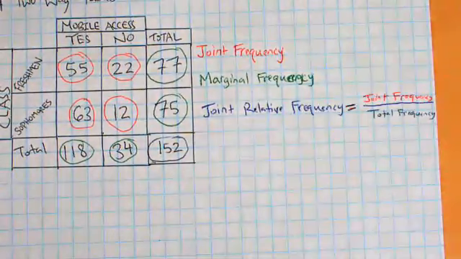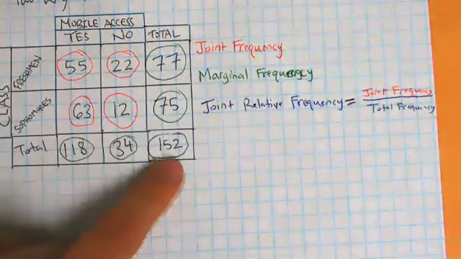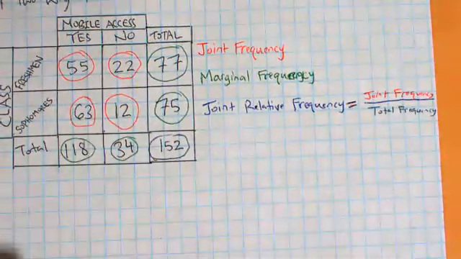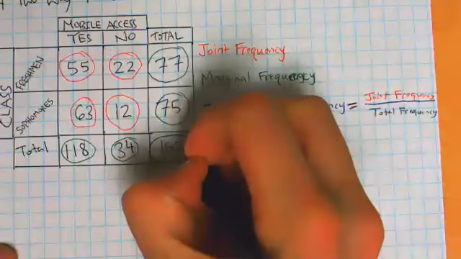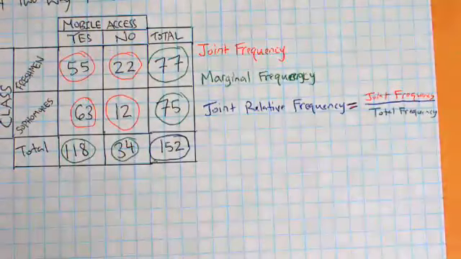So our joint relative frequencies are any of these red things divided by this dark blue one, more of an indigo color that's in the corner here. So it's just the intersection of our two options divided by the total.